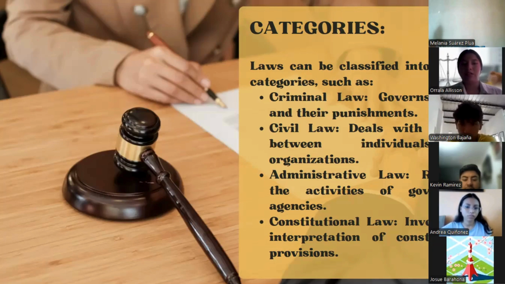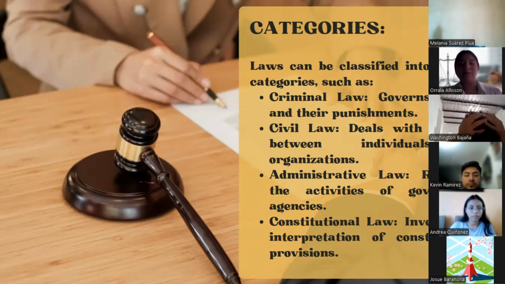About constitutional law, this area of law focuses on the structure of government, the rights of individuals, and the principles laid out in the Constitution. In conclusion, these categories help in understanding the diverse functions of law in society, addressing issues ranging from criminal justice to individual rights and government regulation.